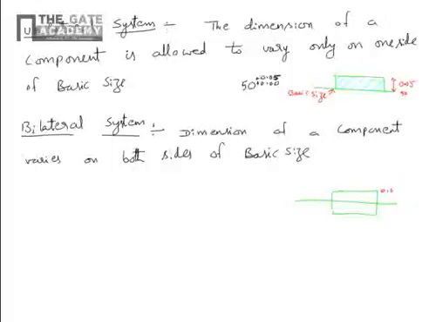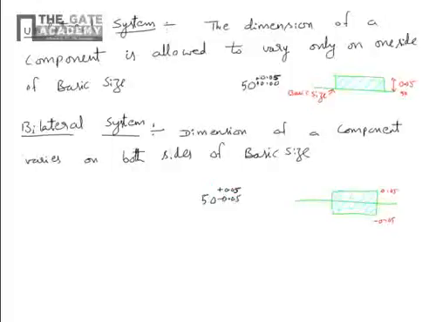This one is 0.05, this one minus 0.05. So this component is represented as 50 plus 0.05 minus 0.05.